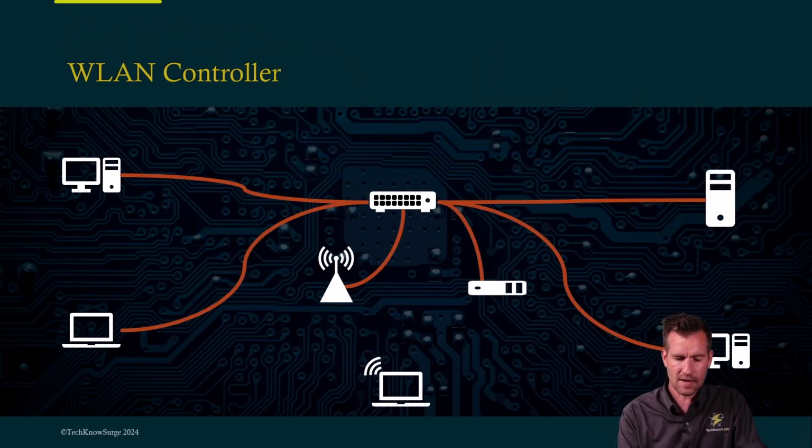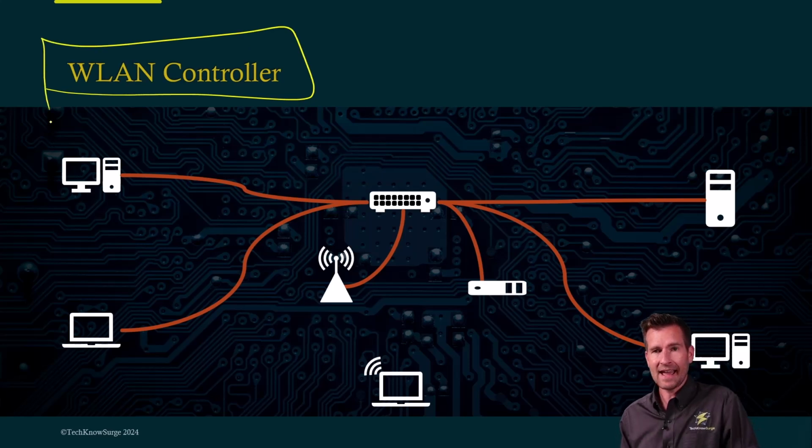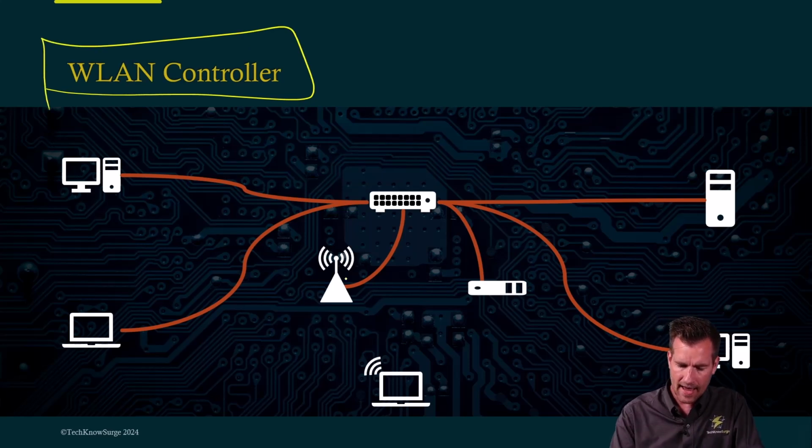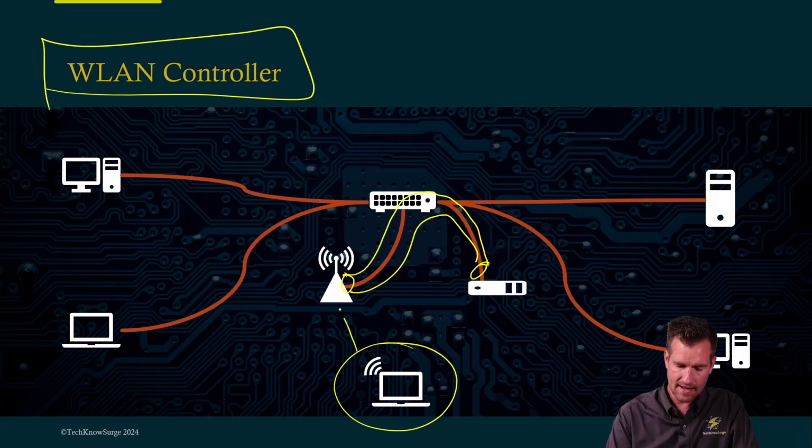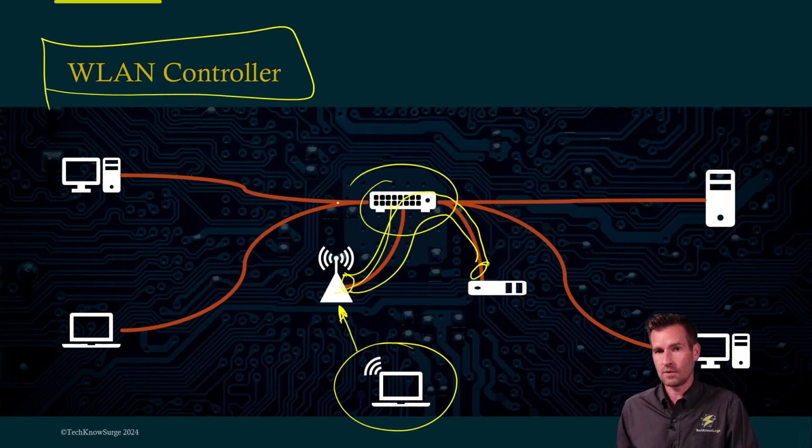Another example might be a wireless LAN controller and access points. There's a tunnel that happens between an access point and this wireless LAN controller. Let's say we have a guest network, and this laptop is part of the guest network and is accessing it through this wireless access point. You wouldn't want to dump that traffic on your regular network right here, because that would be insecure.